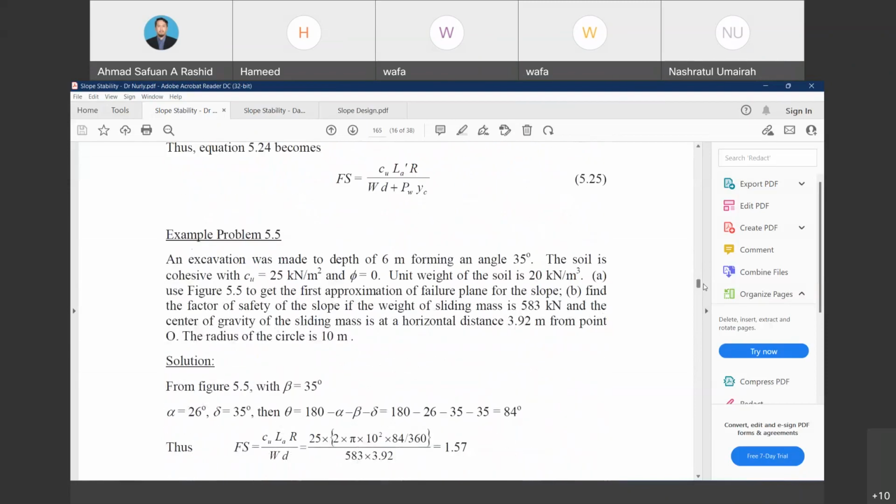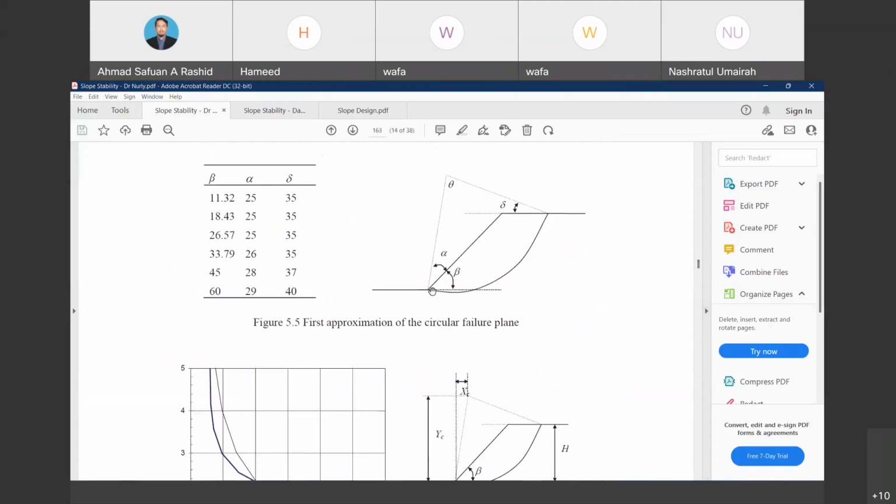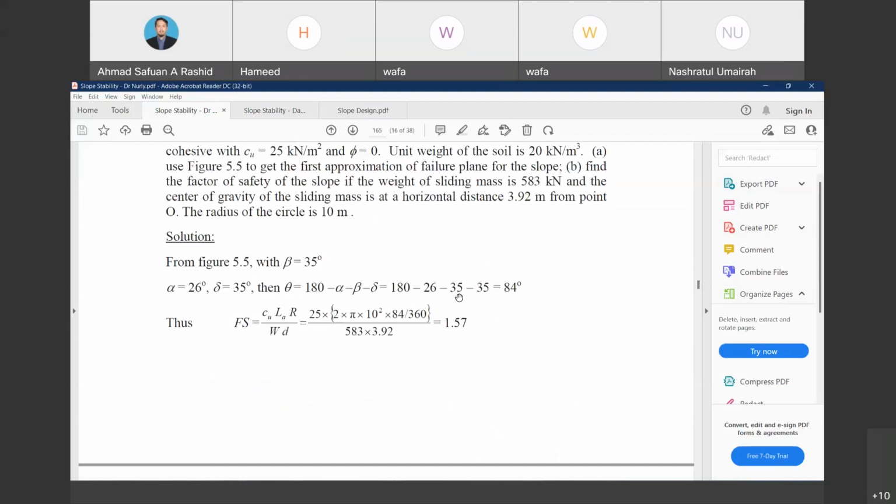Unless we construct first the full diagram, because it's not easy, just 180 minus 26 minus 35 and minus 35, then we get 84. It's not a very straightforward calculation unless we construct the diagram, then use the protractor to get the delta. But we just use the value first.